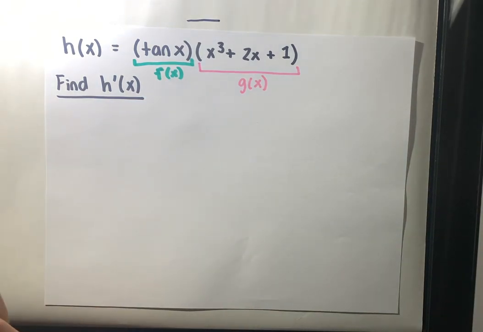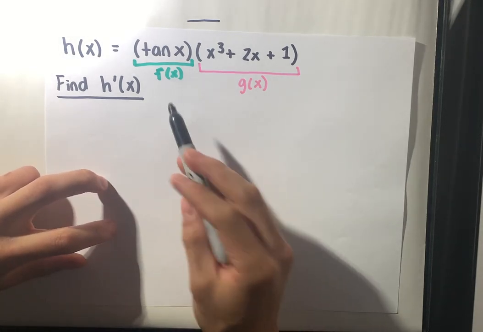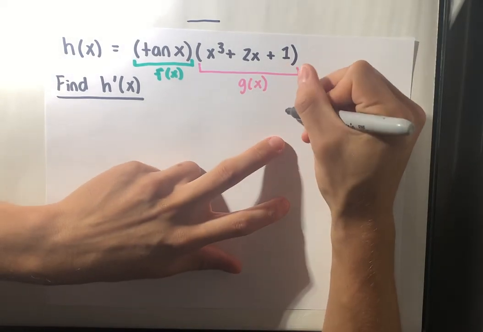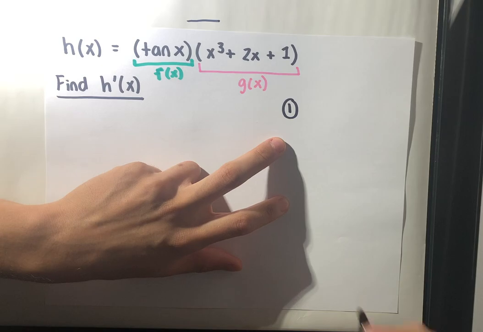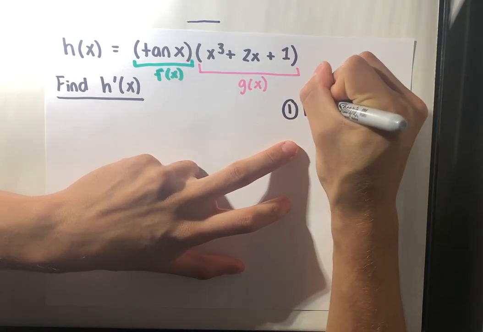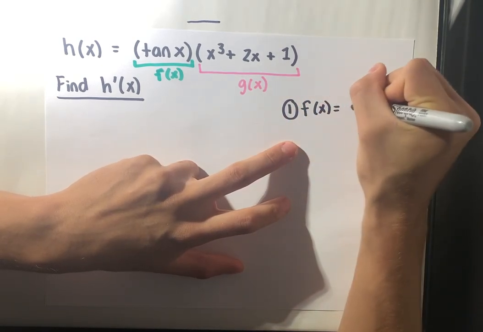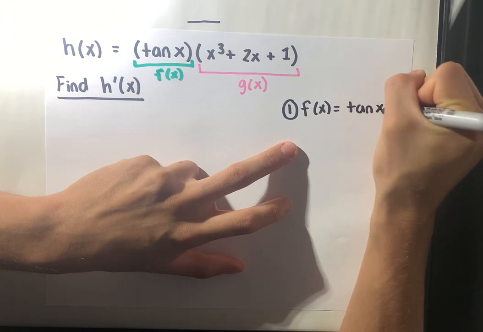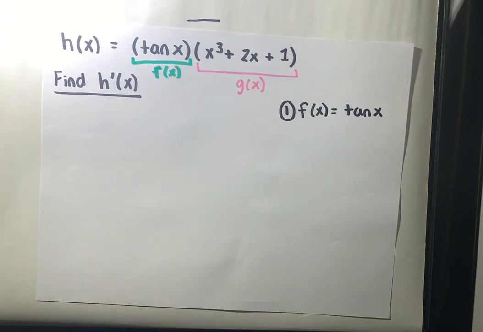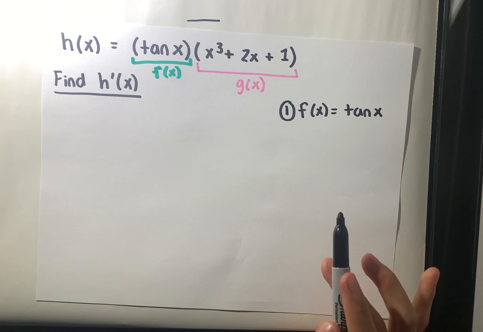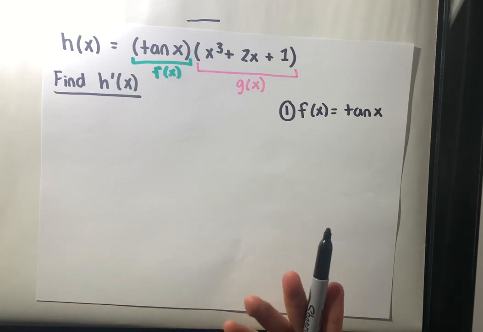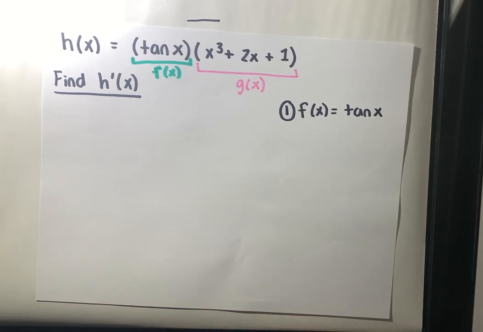Now let's do the derivatives of them separately, and let's do it one by one just like we did in the last example. So for the first function, we have f of x is equal to tan of x. Now, if you watch my last video, or if you just know in general, the trigonometric functions, for the derivatives, you're going to have to remember them.